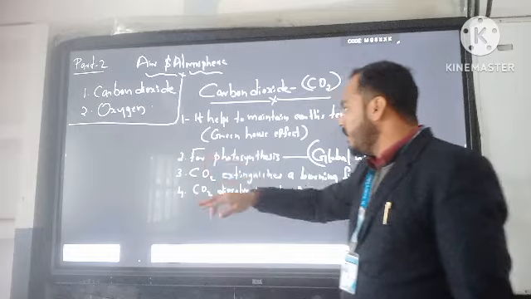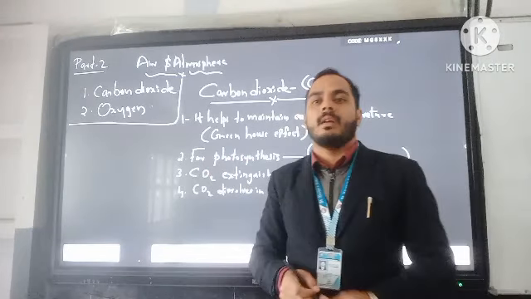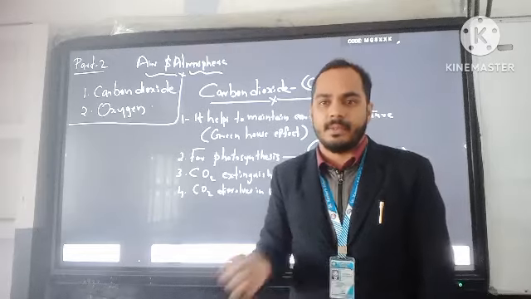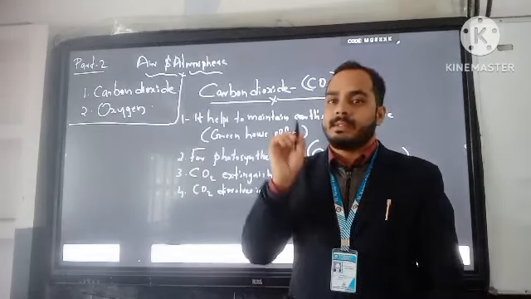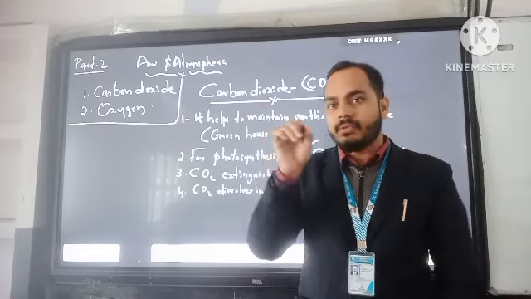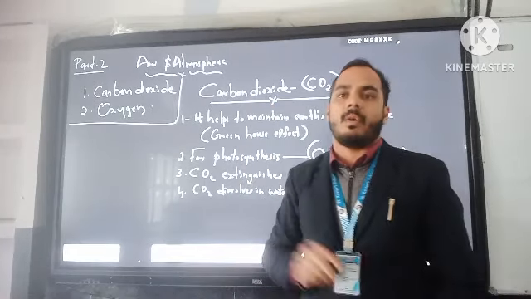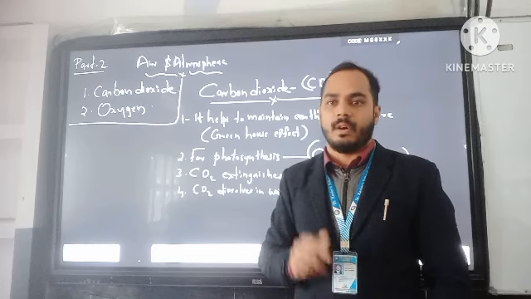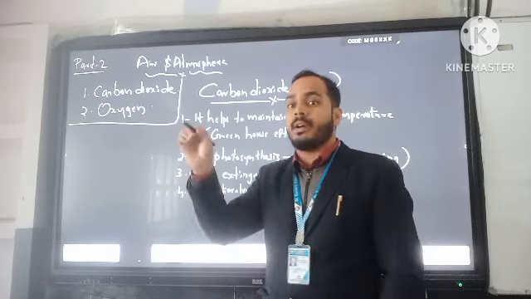The first one is that. The second one is photosynthesis. I hope all of you know this process. What is photosynthesis? Green plants synthesize their own food with the help of sunlight and carbon dioxide. So here also carbon dioxide is very important for green plants, as well as for human beings.